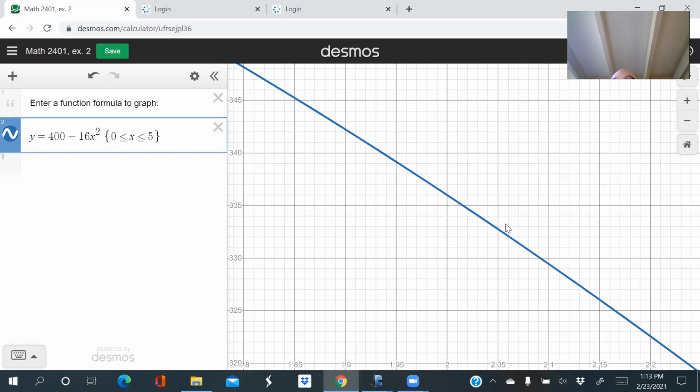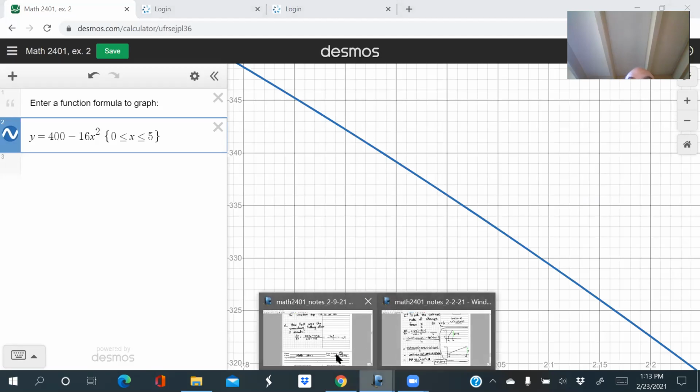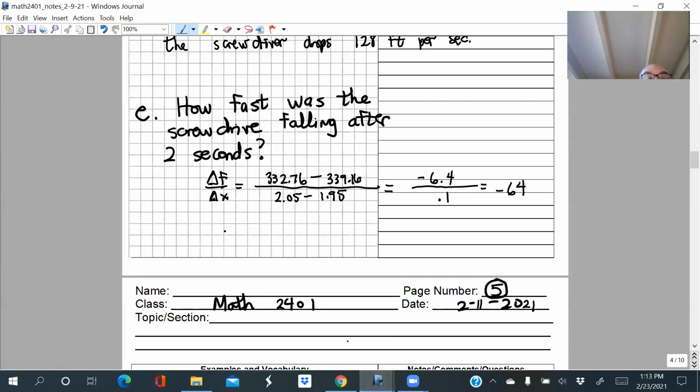That means that from this little time span, the screwdriver was falling at a steady rate, and that steady rate was minus 64, or 64 feet per second. So if you had looked at the speedometer at 2 seconds, you would have seen 64 feet per second. Okay, there's how we answered this question.